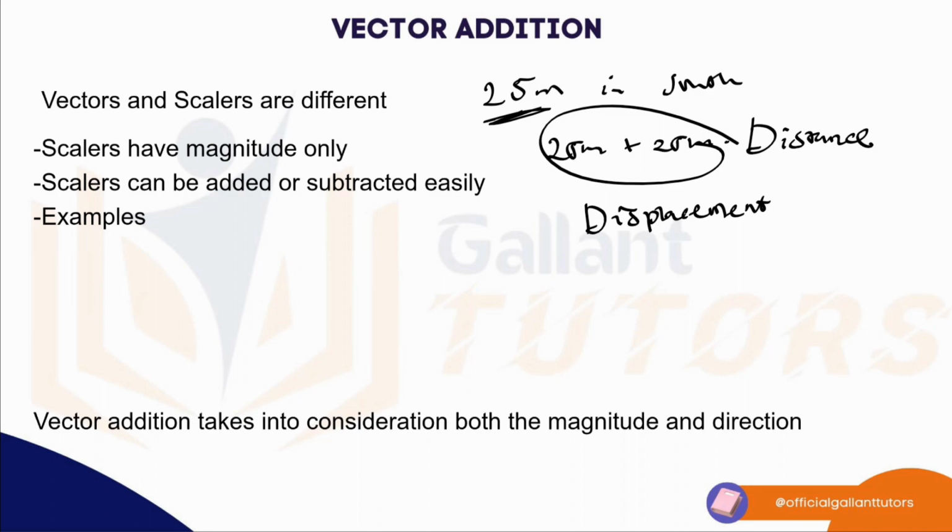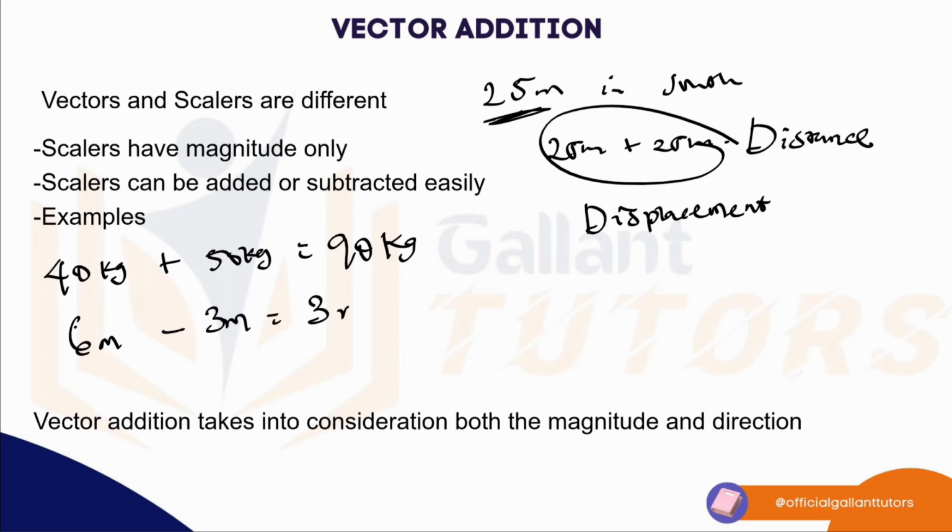Do you get that? Adding scalars is very, very simple and straightforward. I can just say 40 kg plus 50 kg is equal to 90 kg, no stress. 6 meter minus 3 meter will give you 3 meter. No stress.